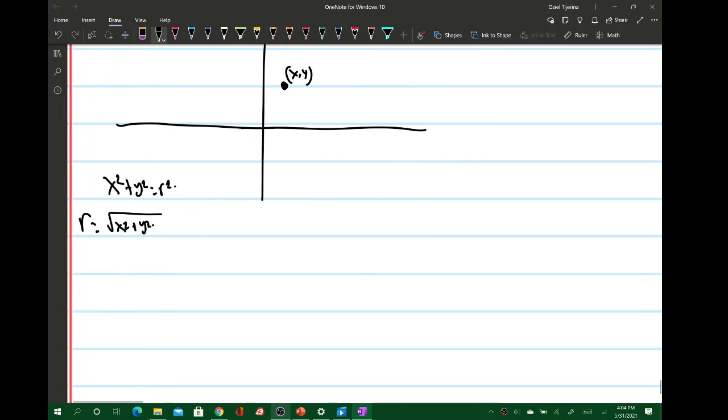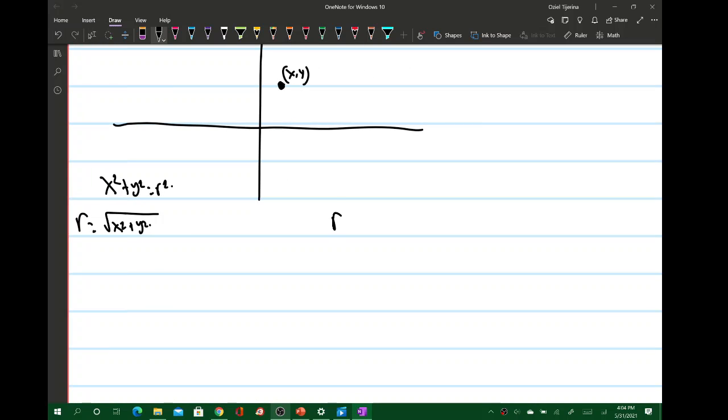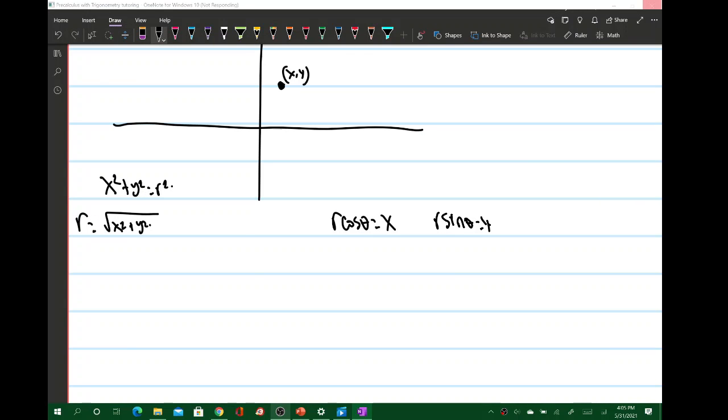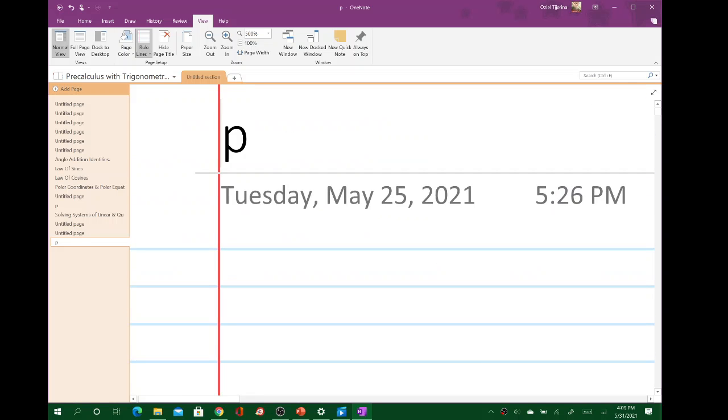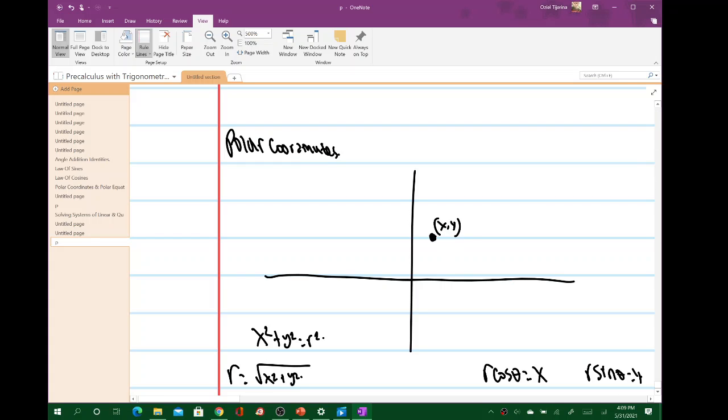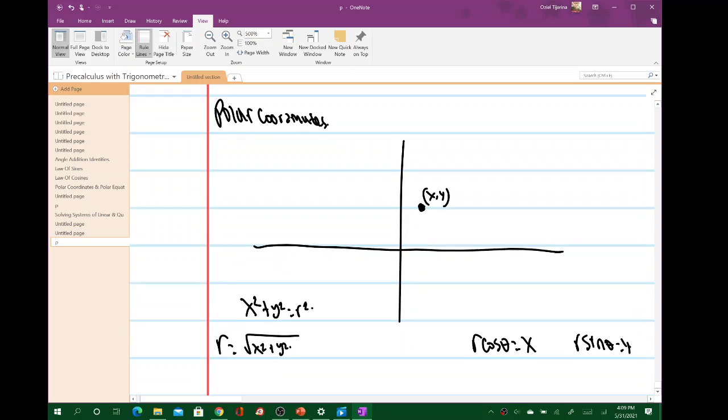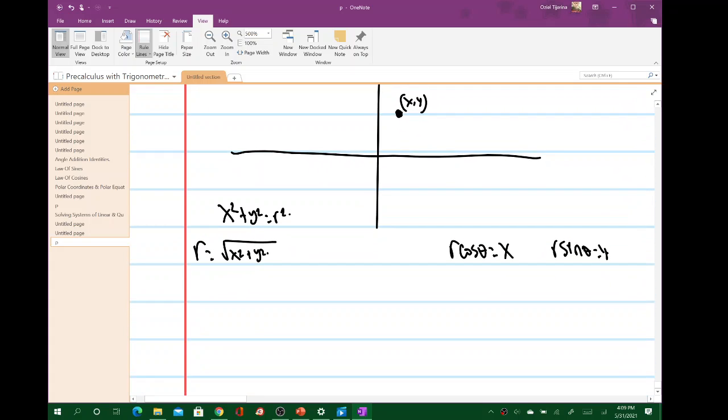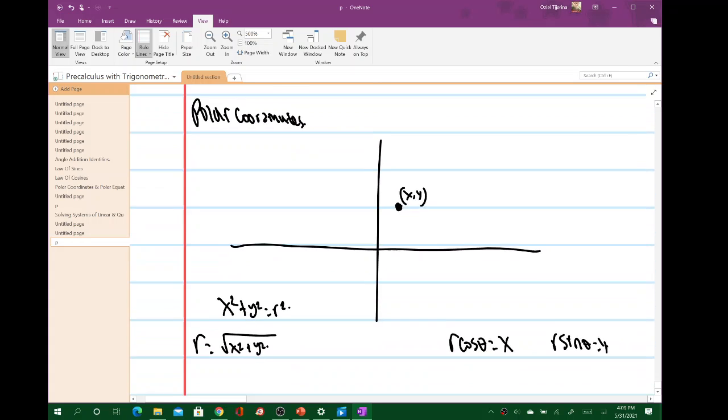Another thing is that r cosine theta is equal to x, and r sine theta equals y. These are the formulas that you're gonna need to figure out polar coordinates.